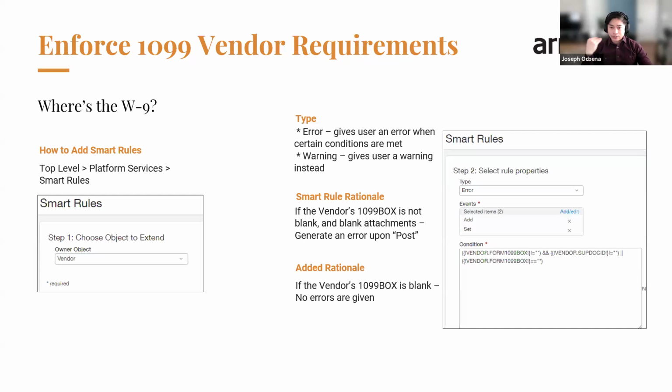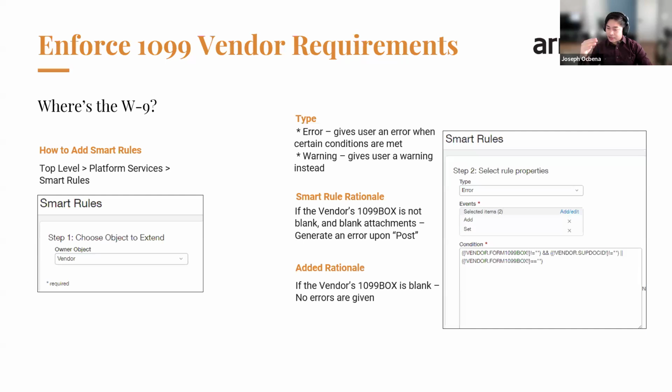Either Intacct gives you an error message when you fail to meet the conditions. So let's say in this case, there's no attachment. Either Intacct will give you an error message, meaning you can't move on and post or save the transaction if you fail to meet that condition, or Intacct will give you a warning, and you'll have to save again to basically ignore the warning. So that's the type.